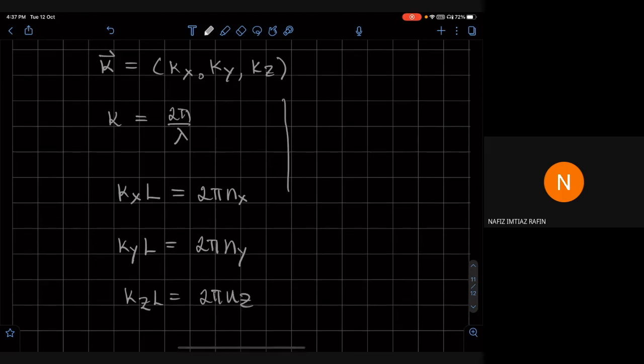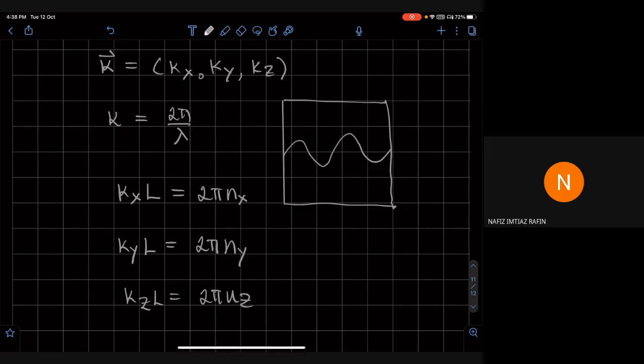So what are we saying? We are saying that, okay, we have a cavity like this, and we are filling it up with wavelengths. And these wavelengths, because they're standing waves, the number of wavelengths that they can accommodate has to be an integer number of wavelengths. Okay? If not, they will not form a standing wave.